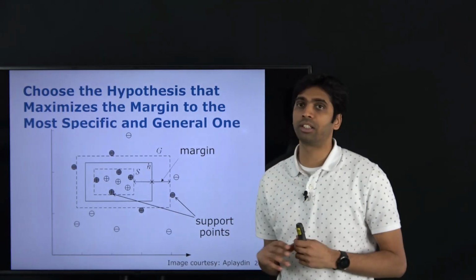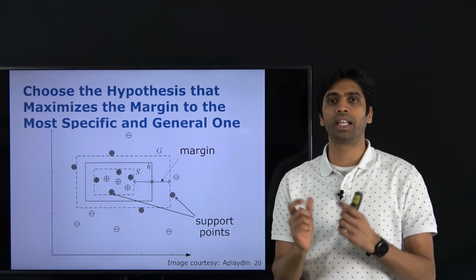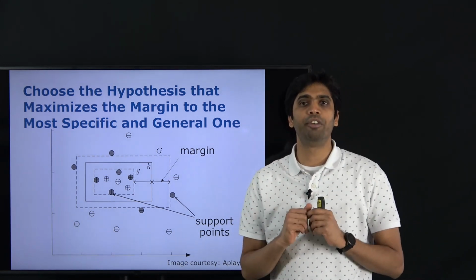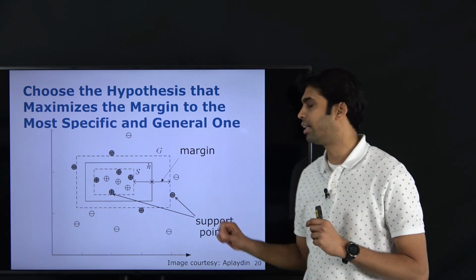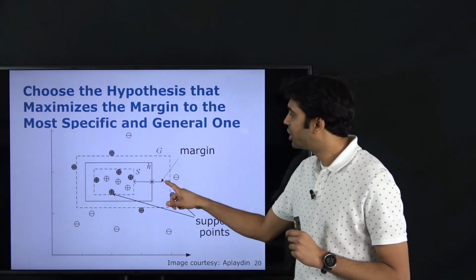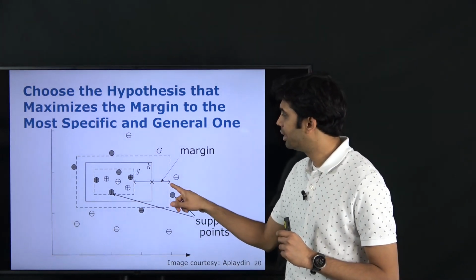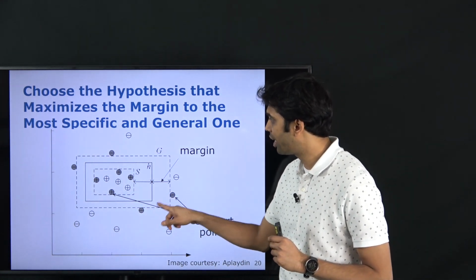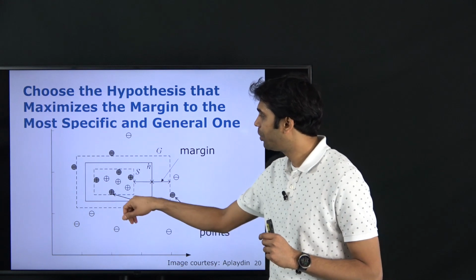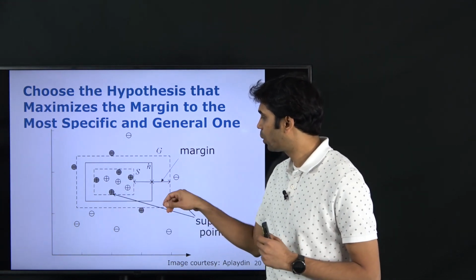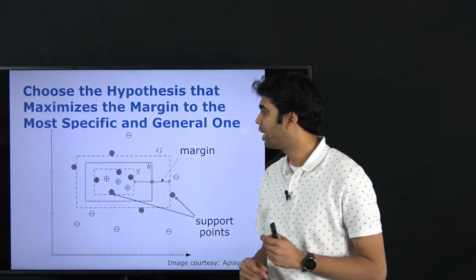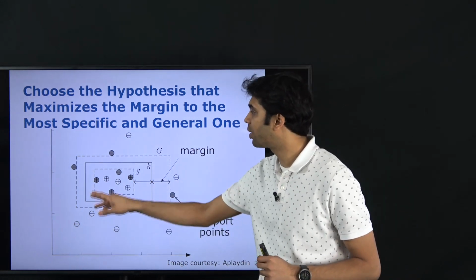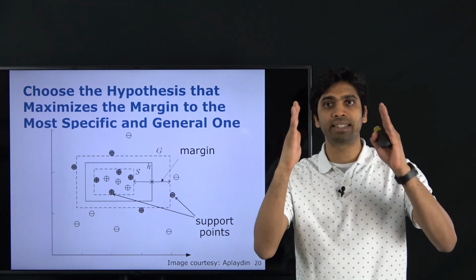One specific argument we could put in is to choose the box which maximizes the margin. Here the margin refers to the distance between the closest negative examples and the outermost positive examples, and we choose the box which is in the exact middle.